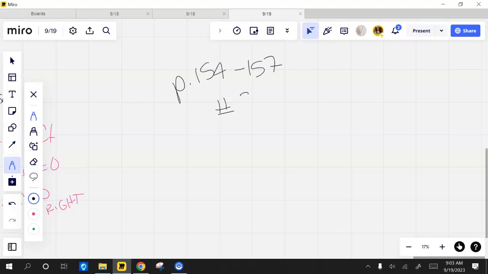Let's do 3. Okay, I've got these written down somewhere.